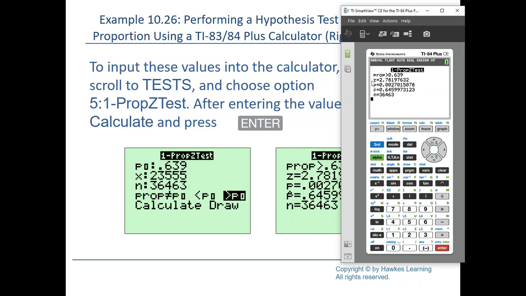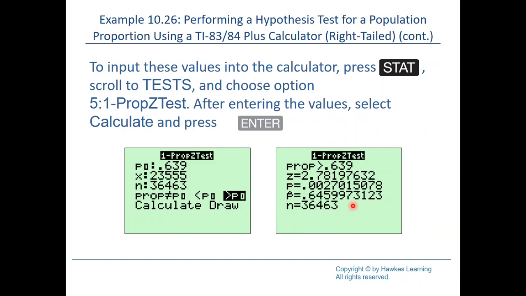Again, the calculator is going to spit back out that Z, the P, and the P hat, which a couple of your problems are going to ask for. So it's super awesome there. Now, once you have that information, write this down. Remember, for your Z, we do normally round to 2 decimal places. Your P's, we normally round to 4 because it is a probability. Your P hat is just going to depend on the problem.